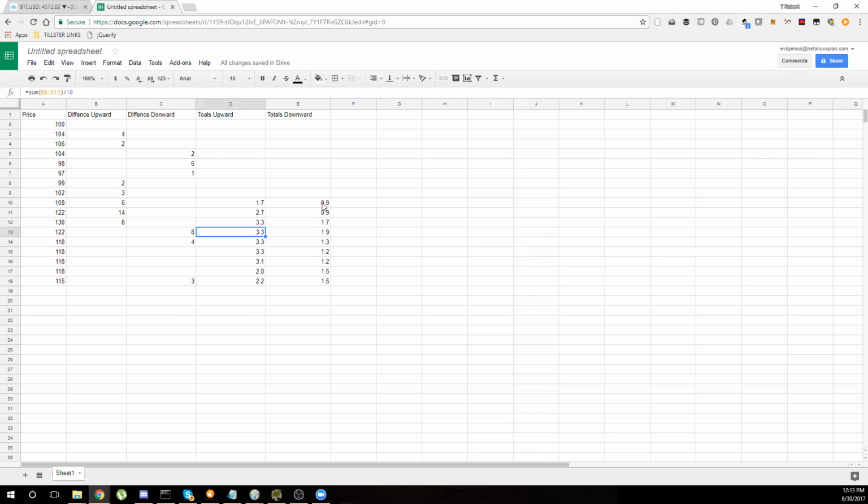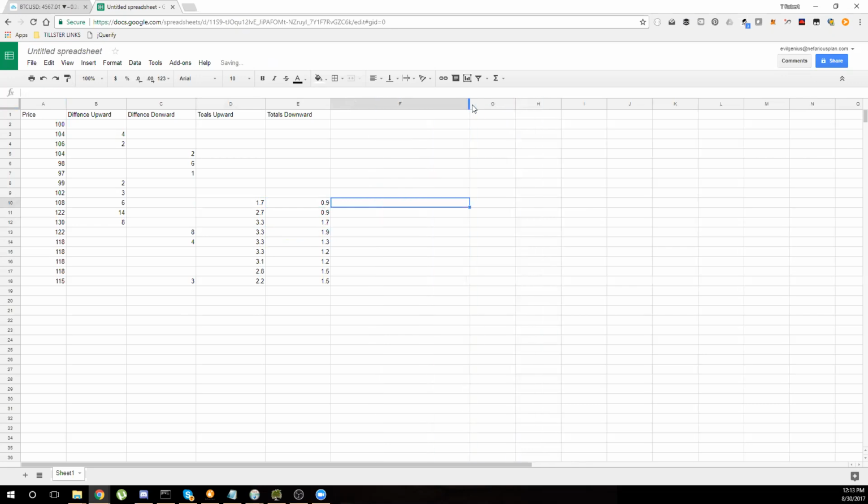We're trying to measure the relative strength of the market. Is the market going more up than down, or is the market going more down than up over this time frame? Okay, and then what we want to do is move this number into a formula that will allow us to visualize this in a more meaningful way.